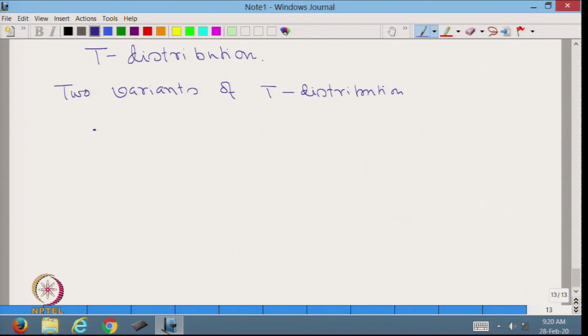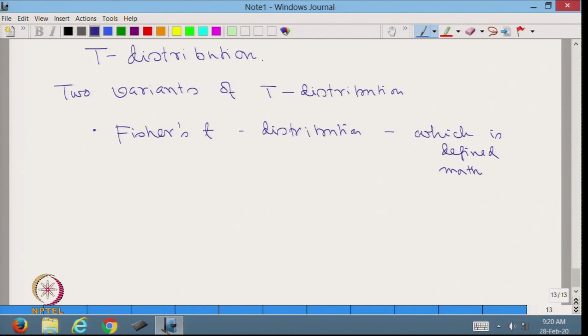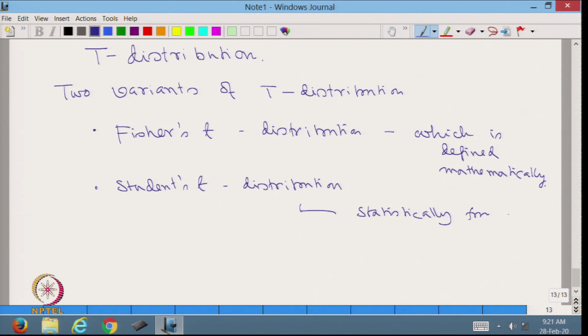One is called Fisher's T distribution, which is defined mathematically, and the second one is called Student's T distribution, which is defined statistically from samples.